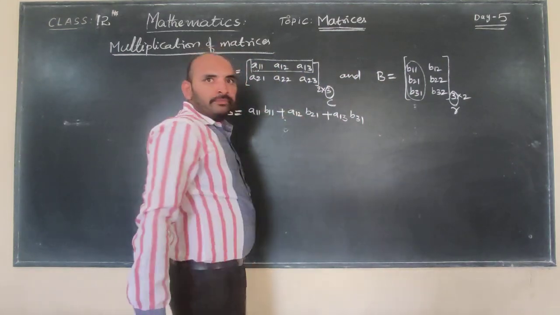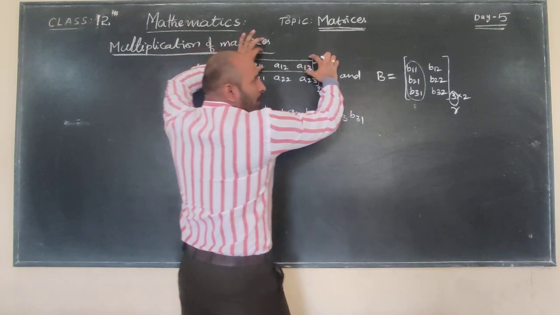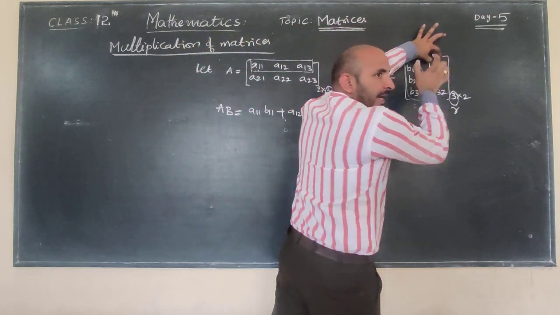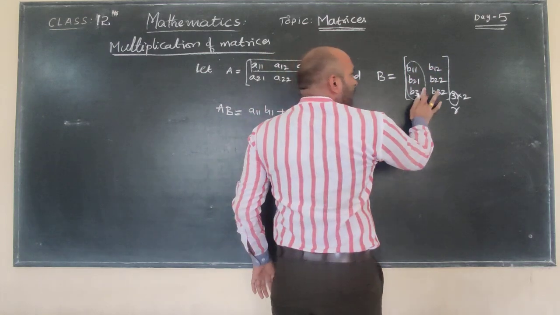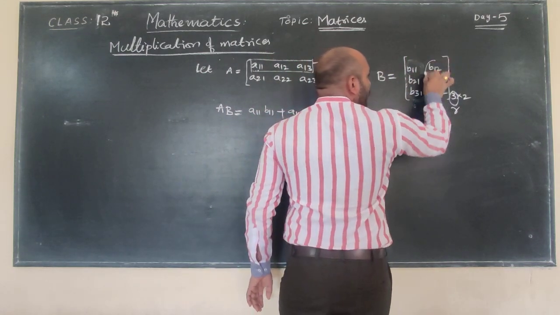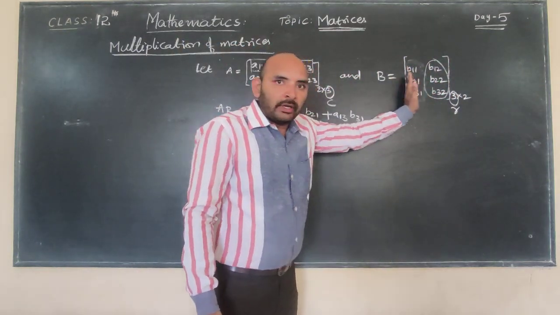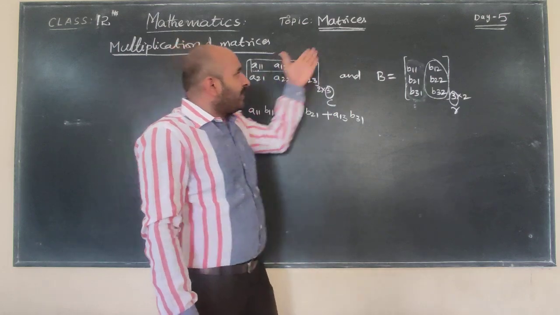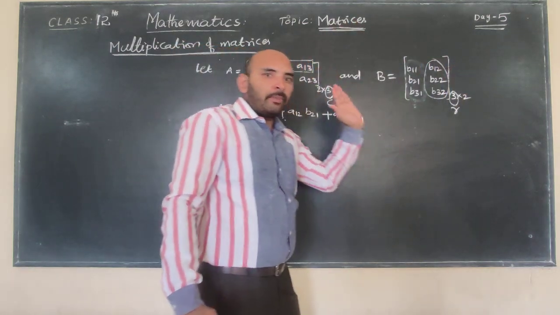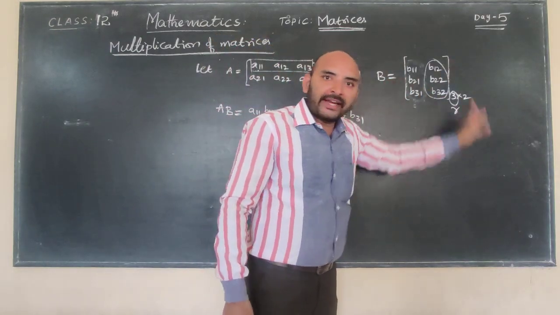First column is over. Next, the same first row elements multiply with the second column. Let us take the second column elements. First row with first column is over. Next, first row with second column elements. Same procedure: the sum of the products of the first row elements with the corresponding elements of the second column.